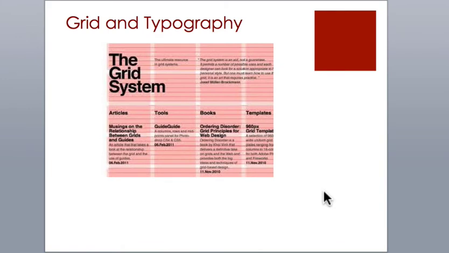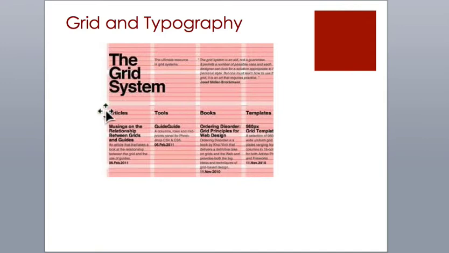As well, we have what's known as a baseline grid. A baseline grid provides that visual continuity between columns of text. And so you always make sure that your text in columns is always aligned along the baseline. And the baseline comes from the X height, I should say the cap height, and the leading for the font size that you selected.